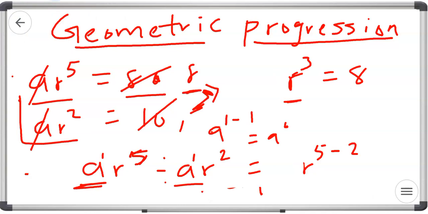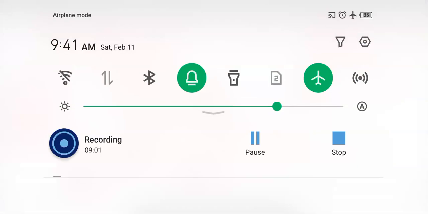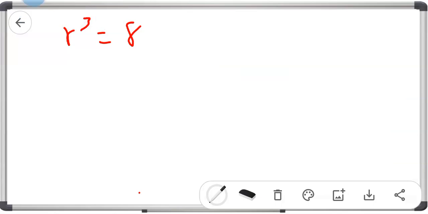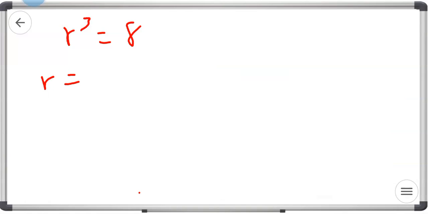And don't forget that we are told to find the common ratio, which is r. Now from r cubed equals 8, we have to get the value of r. So I can have r equals the third root of 8, and this will give me 2.